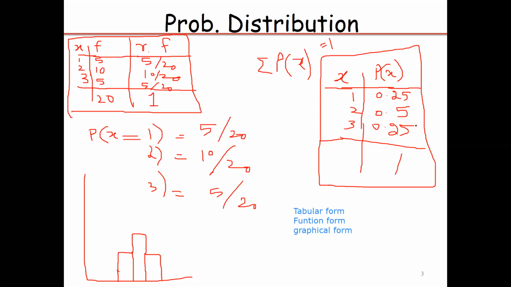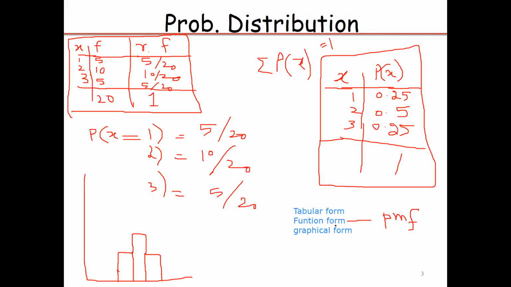If we are writing the probability distribution in a function form, it is called a probability mass function, PMF. PMF is a term used for a function that can represent a probability distribution. So a table can also be converted into the form of a function, or we can write down the function separately without the table.